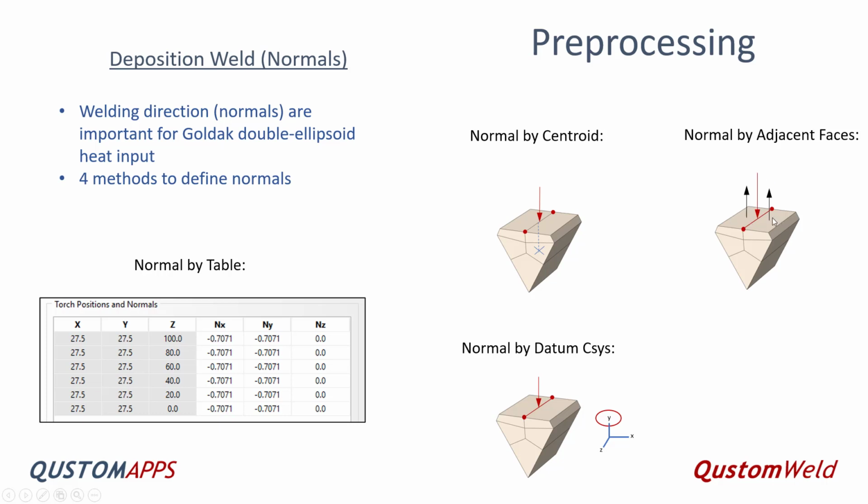If we have two facets here, we'll just average the normal of those two. Either way, they're often very similar, sometimes a little bit different, so both methods can usually be used. You can also specify them manually by reading from a text file, a CSV file or something. All right, so just a quick mention on the normals.